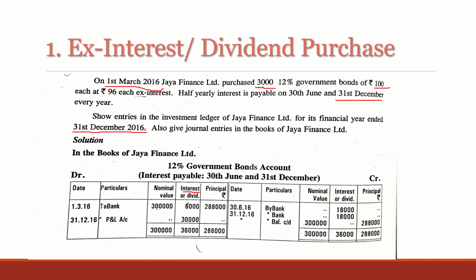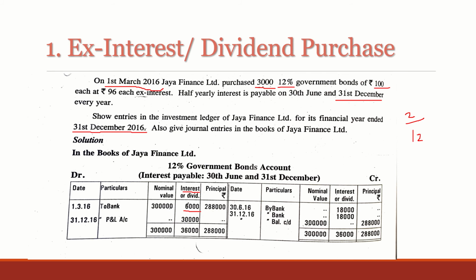That is 3 lakh into 12% into 2 by 12, where 2 by 12 is January and February. So we get 6,000 as the interest or dividend accrued.